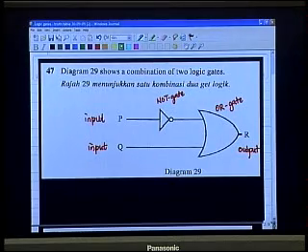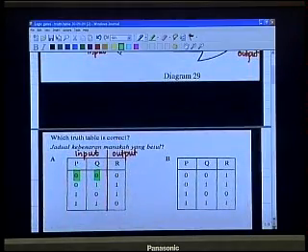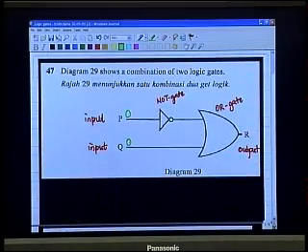What was it just now? 0, 0. Alright? P and Q 0. So I write down P and Q 0. Now, the input P is 0 going through a NOT gate. 0 going through a NOT gate, it becomes 1. And for Q it is 0, so I write down 0 here.